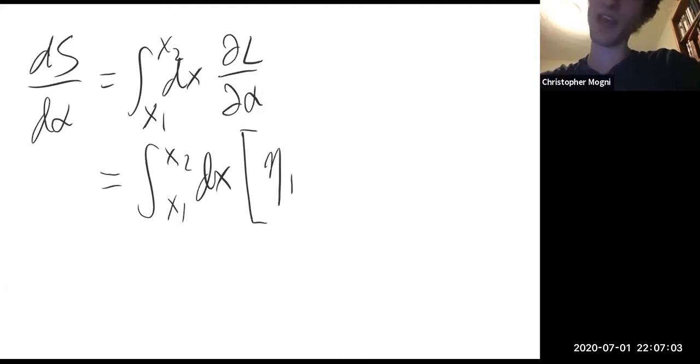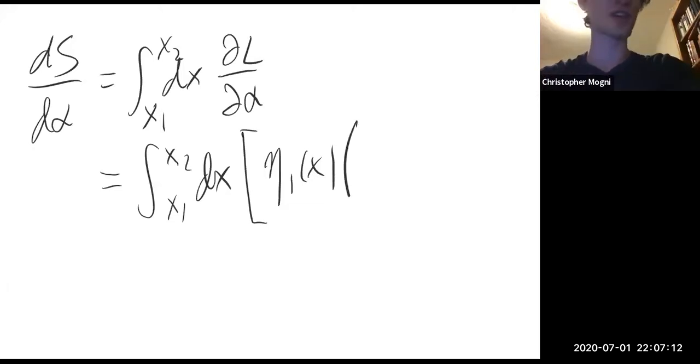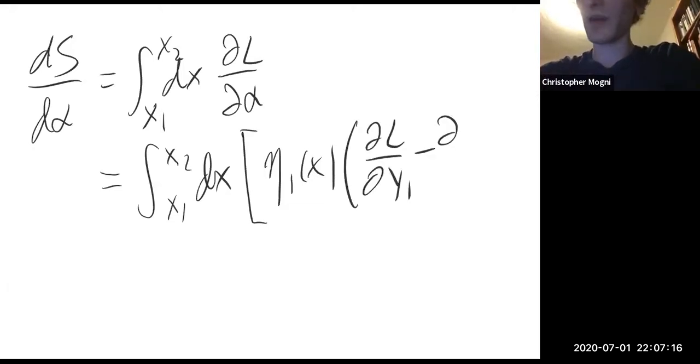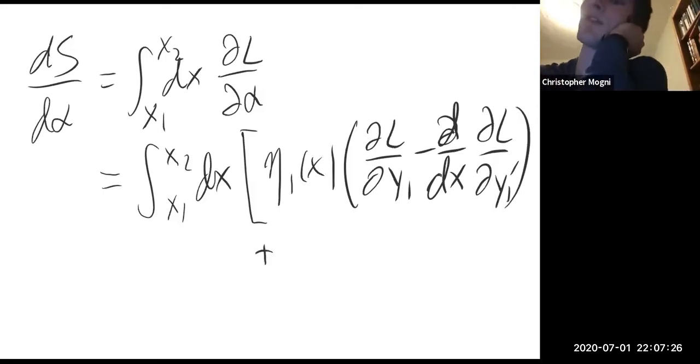So that means that we're going to have eta 1, which we can apply calculus of variations to, so its first derivative vanishes and gets put onto the other stuff in the expression. This is going to multiply dL dy1 minus d dx dL dy1 prime. The same thing is going to happen for eta 2.